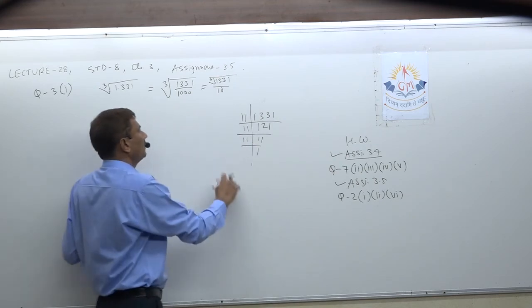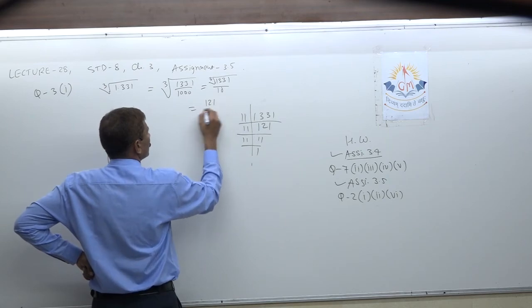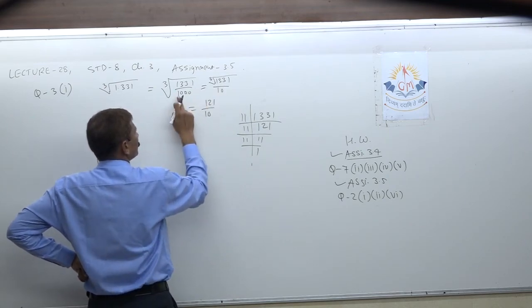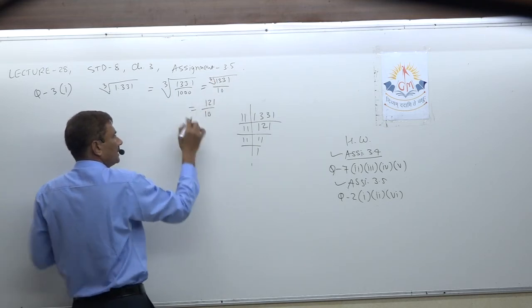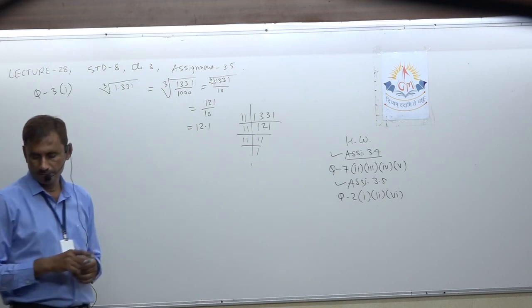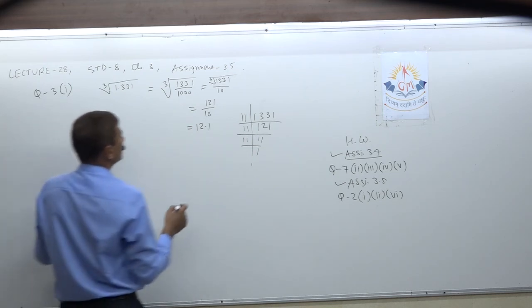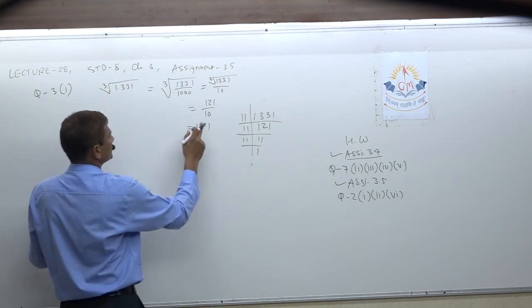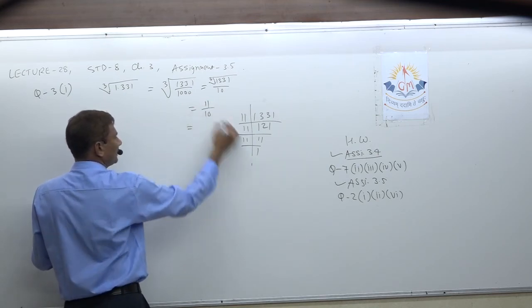So very easily you got this is 11 cubed upon 10. The cube root of 1000 is already taken. This we don't know, so we are now writing. So 12.1 is the answer. Sorry, 1331 thousandths, the cube root is 11 only, no?